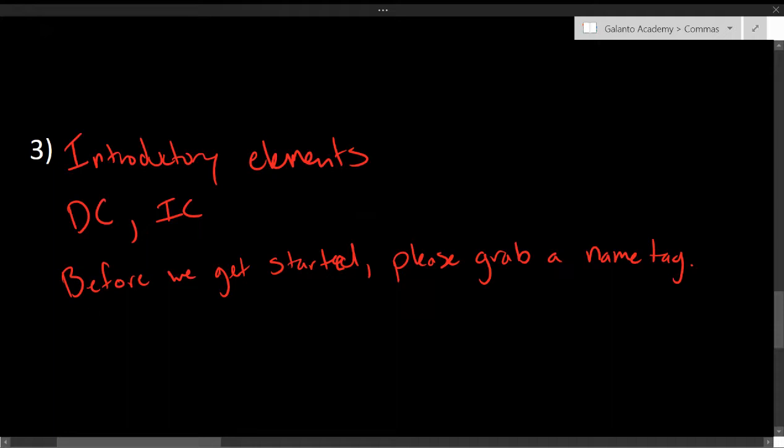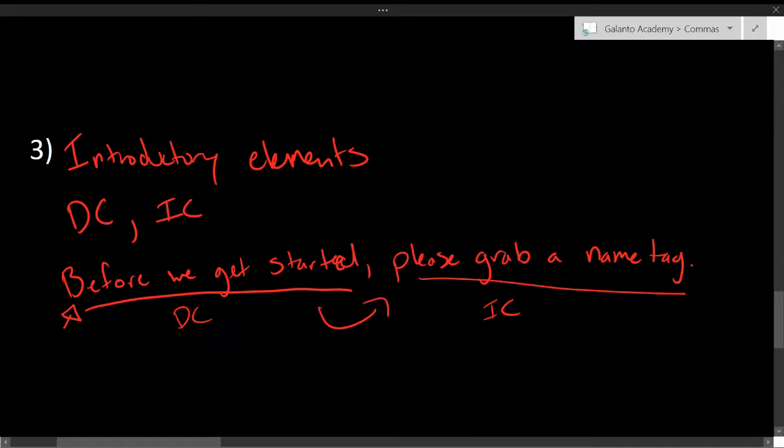So this is a dependent clause because of that word right here, before we get started. And then our independent clause, please grab a name tag. So dependent clause, comma, independent clause. If those were swapped, then we wouldn't need the comma. So that's why it's important that it's the introductory element, because it comes first.